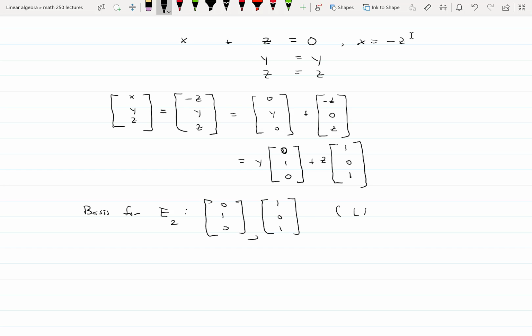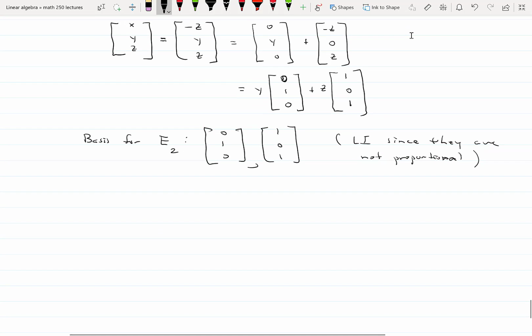They are linearly independent since they are not proportional. One is not a scalar multiple of the other. We didn't have to do that in the last eigenvalue because we only got one basis vector. Okay, so this is a basis for E sub 2, or the eigenspace corresponding to the eigenvalue 2.